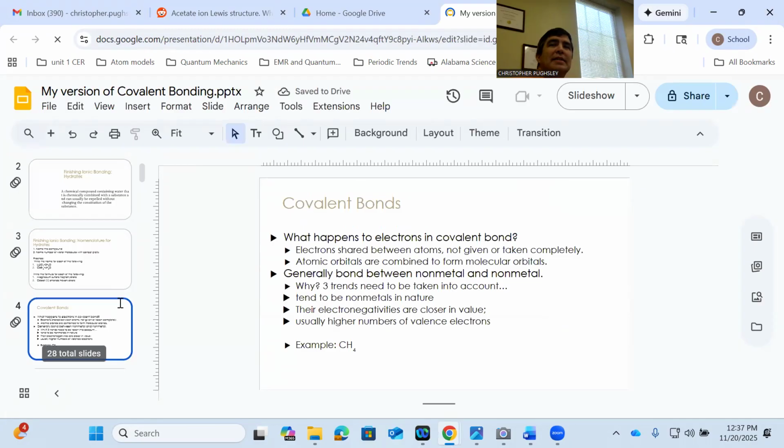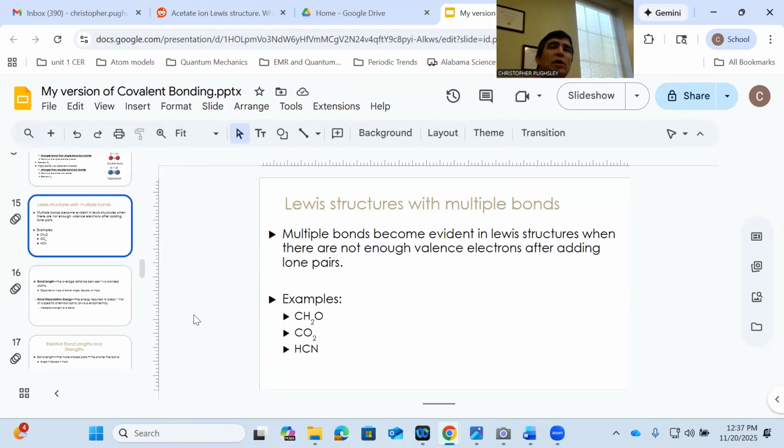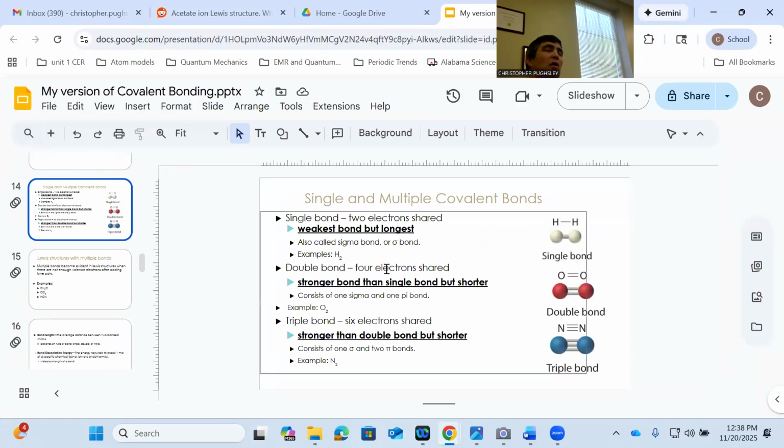Sorry for the delay. We're looking at the slide right before it, on 64. It says a single covalent bond is the weakest bond, but the longest.